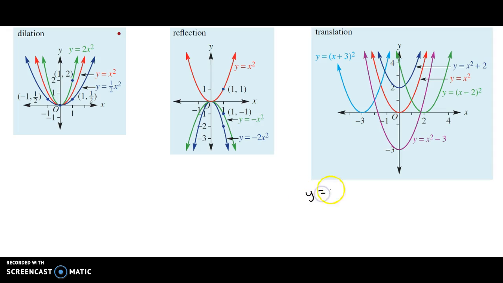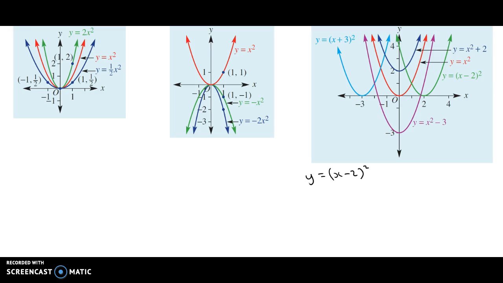But this might make it a little bit clearer. If we've got y equals x minus 2 all squared, and let's say we want to find where this parabola touches the x-axis, hopefully you recall that to find where a graph hits the x-axis, we can solve for y equal to 0.